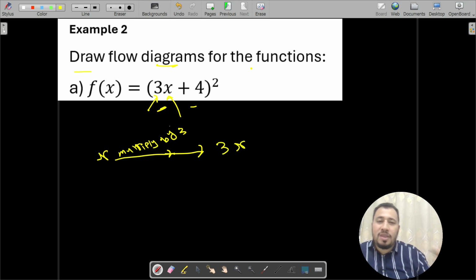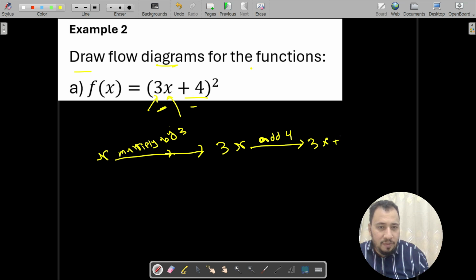Okay, then what happened after that? Add 4. So simply, you will make another arrow, add 4, okay? 3x plus 4.